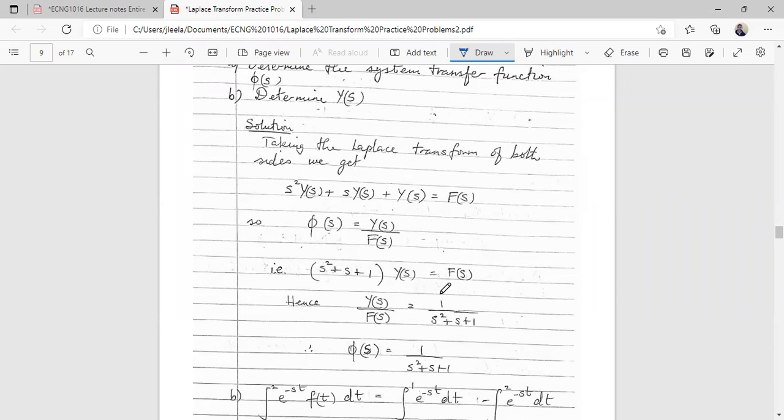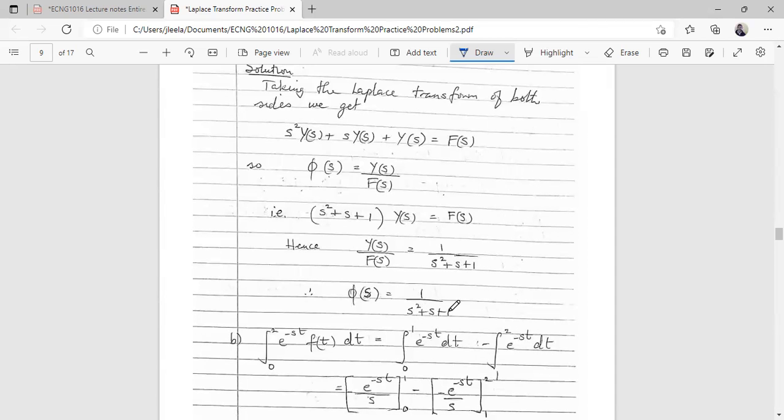So Y(s) over F(s), you bring this down here, cross multiply, and on the right hand side you'll end up with 1 over (s squared plus s plus 1) equal to Y(s) over F(s). So your transfer function is this here, 1 over s squared plus s plus 1.